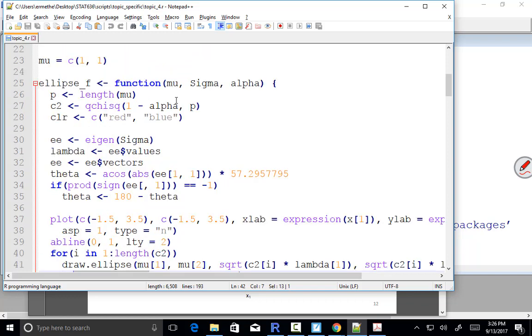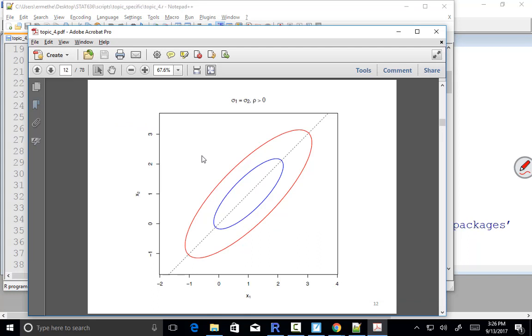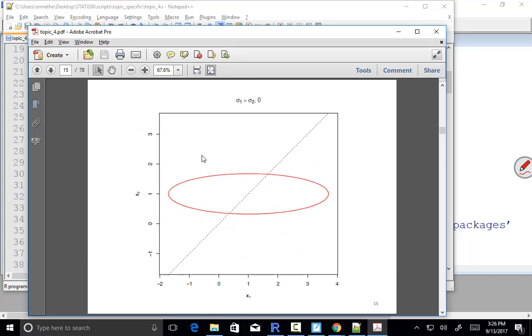Just so that we've gone through this together, the way I'm doing this is because I wanted to make pictures for several different bivariate normals. There's 1, 2, 3, 4, 5, 6 of them.